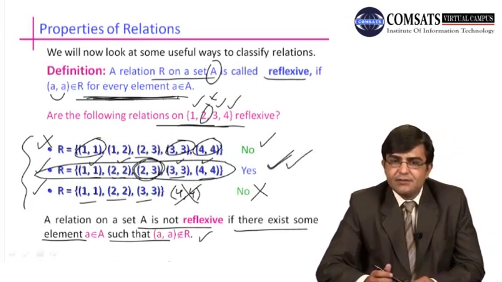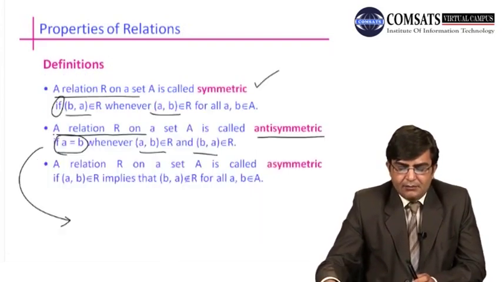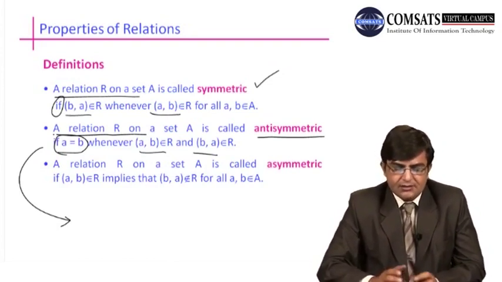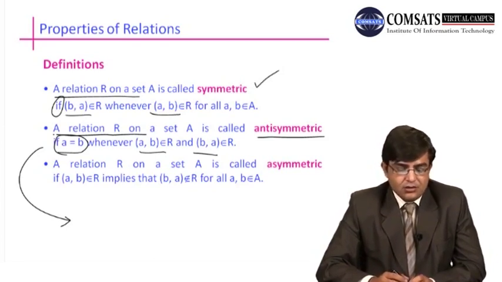So this relation is antisymmetric also, because if AB and BA belong to R, then A is equal to B. This is how we check whether a relation is antisymmetric or not.